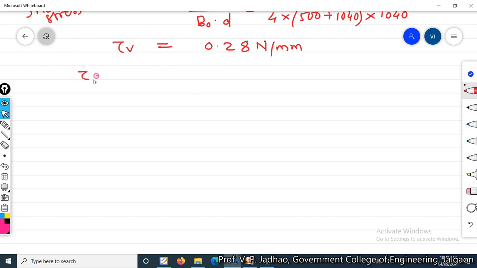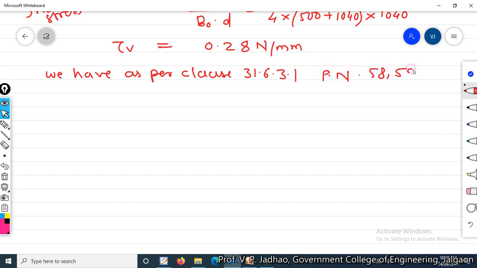Now we have tau c as per clause 31.6.3.1, page number 58, 59 of IS 456 2000. This tau c formula is 0.25 under root fck.